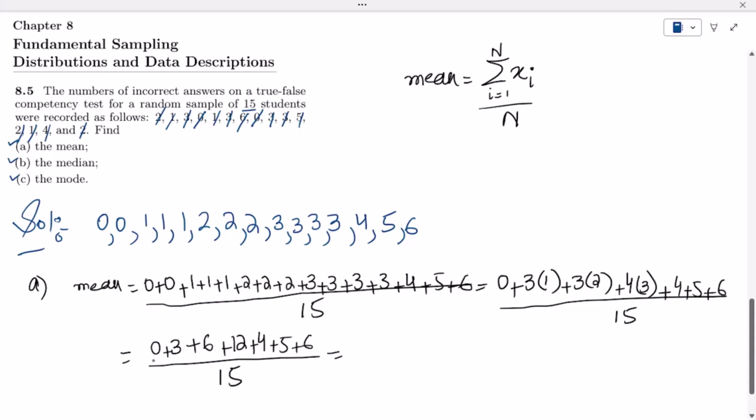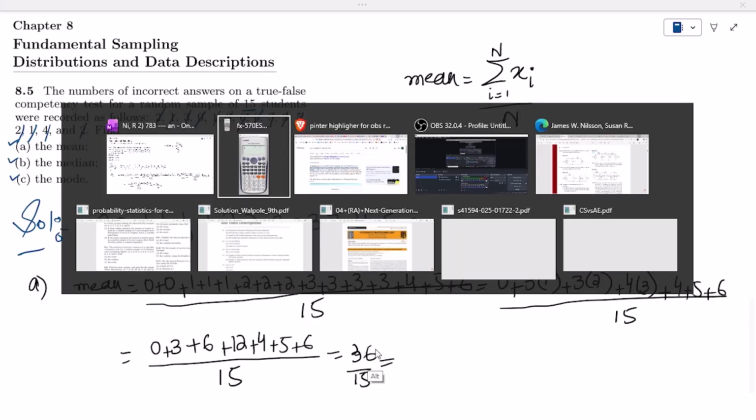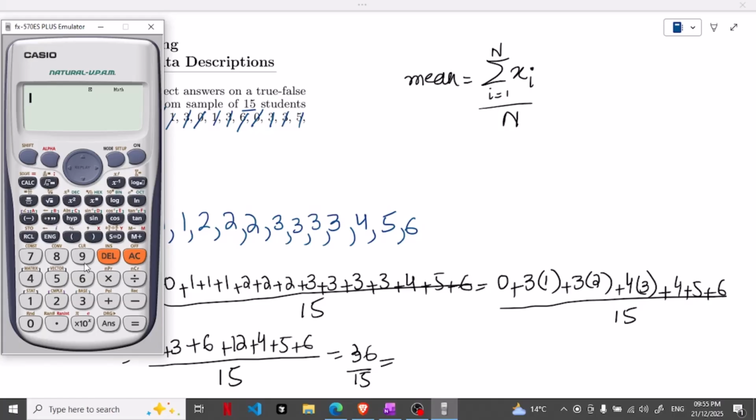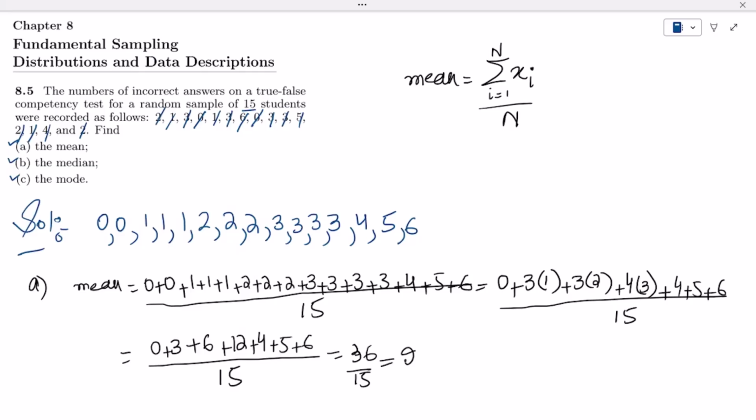Let me add them: 3 plus 6 is 9, 9 plus 12 is 21, 21 plus 4 is 25, 25 plus 5 is 30, and then 36, divided by 15. 36 divided by 15 is 2.4. So the mean of it is 2.4.